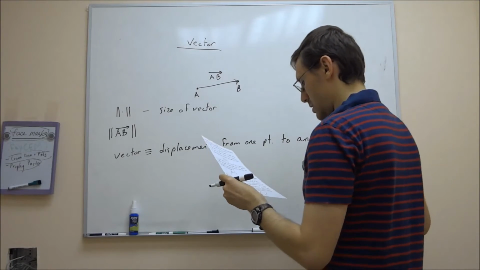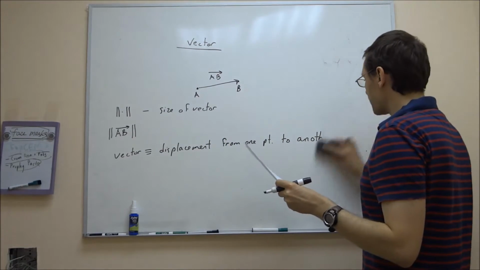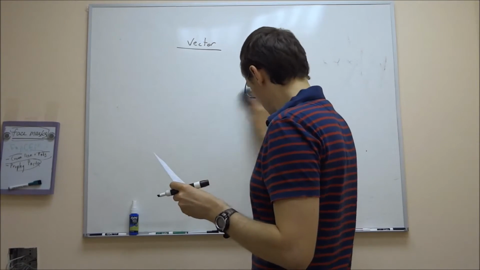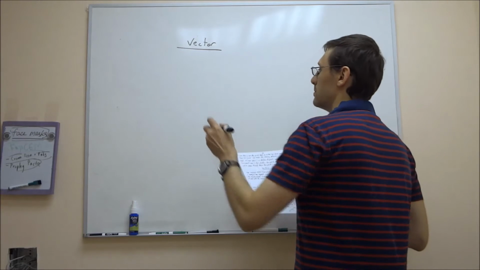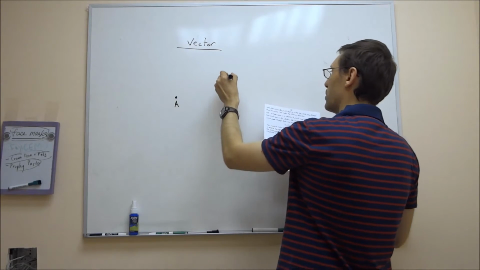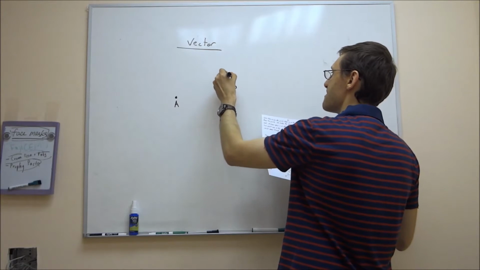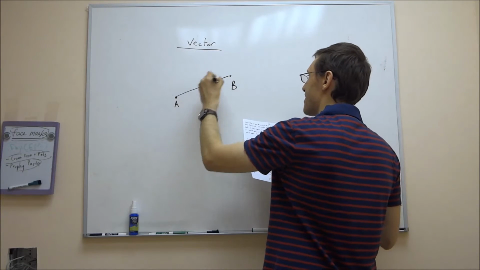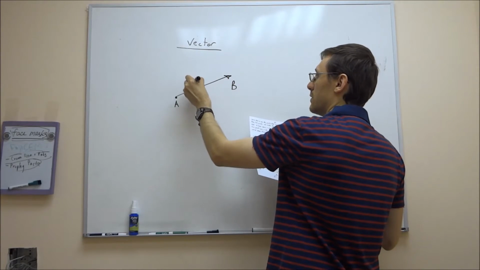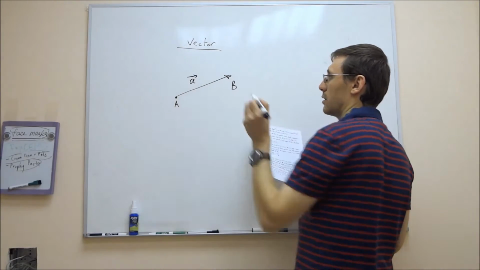So what does it mean? Well, suppose I take the vector from point A to point B, and denote this vector by little a with an arrow.